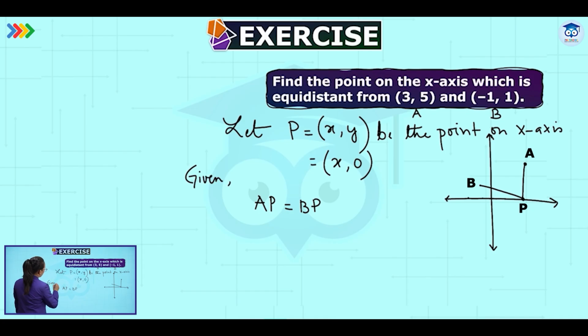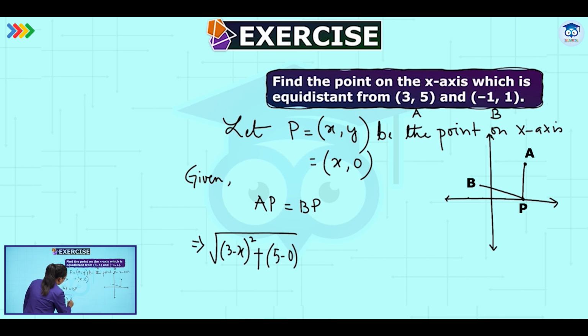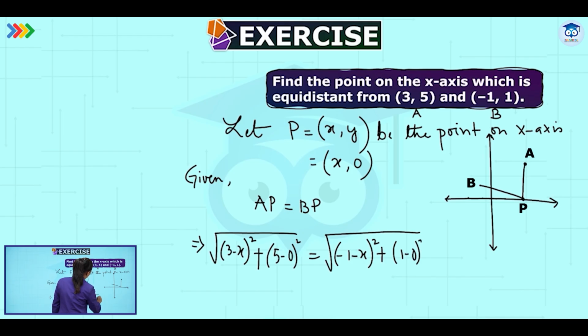Because the distance is the same, given. Now, when we calculate the distance using the distance formula, we will have square root of. Now we can calculate AP, right? So it becomes 3 minus x the whole square plus 5 minus 0 the whole square. Square root of, again, in a similar way we will calculate BP, so minus 1 minus x the whole square plus 1 minus 0 the whole square.